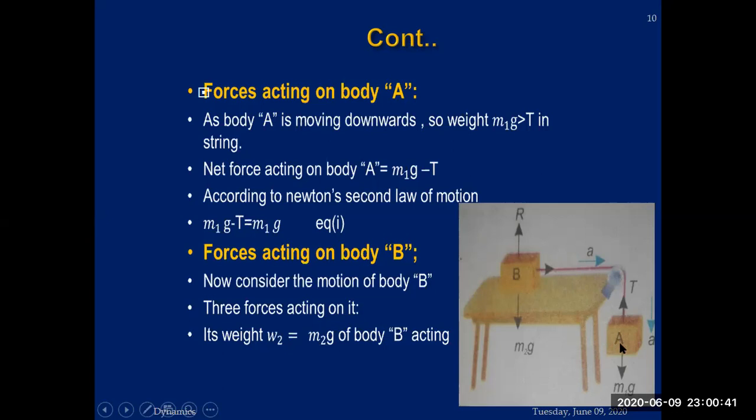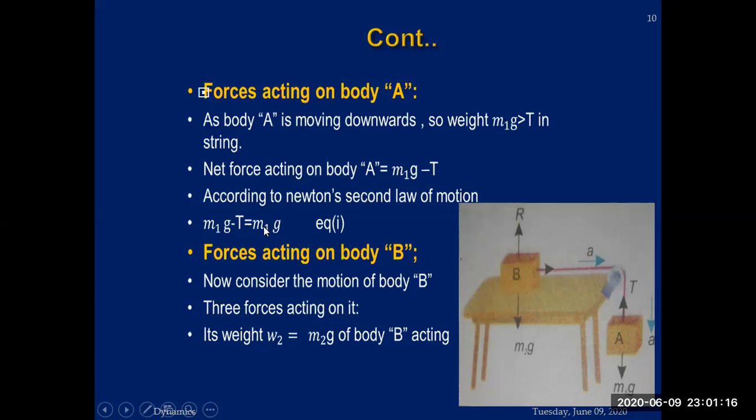So let's start from body A. What are the forces acting on this body? Weight acting in downward direction, tension acting in upward direction. Same logic which you have followed in the previous case. In this case, the weight is more than the tension. So that's why the body is moving in downward direction, and the tension is less. Then what type of equation will you be getting? Of course, acceleration is produced, so it will be m1g minus T, because tension is opposing, that is equal to m1a.